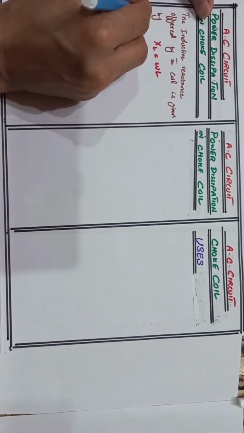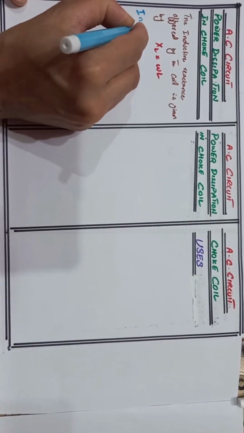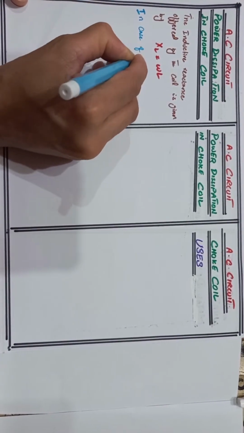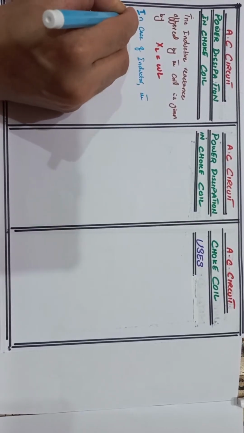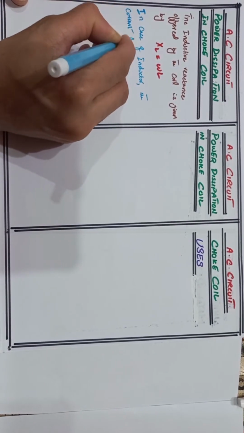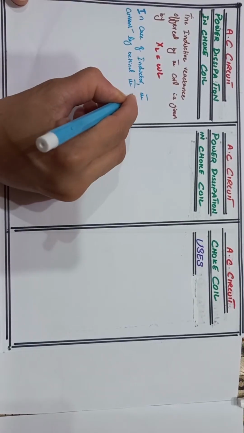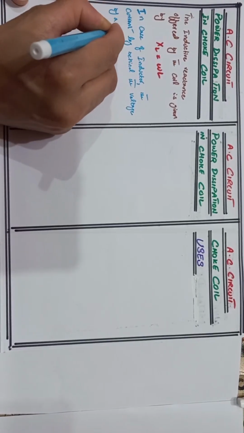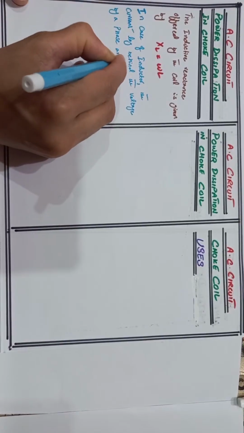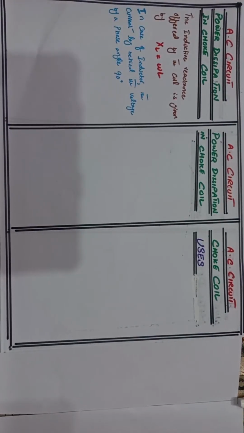So here we write that in the case of an inductor, the current lags behind the voltage by a phase angle of 90 degrees.